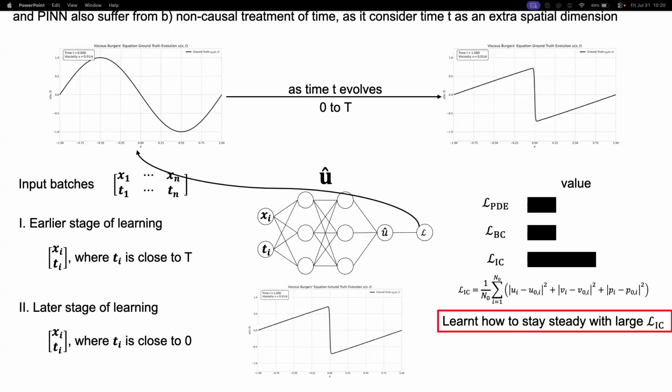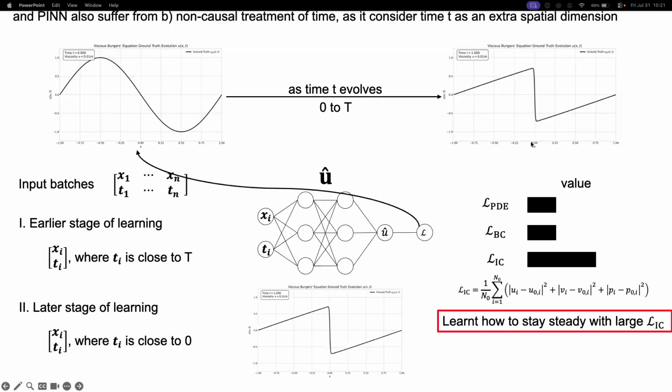But if we learn the later stage of the data first, then it will not reduce the initial condition loss, so it kind of ignores the causality of the initial condition and, in an extreme case, just outputs the final state of the system. So that is the reason why I put this.